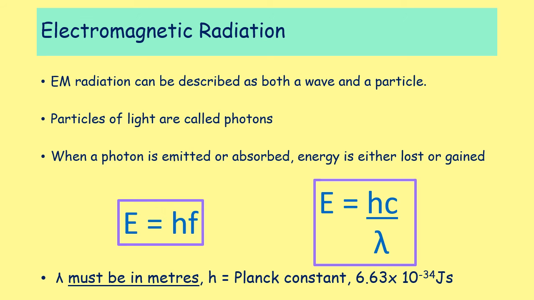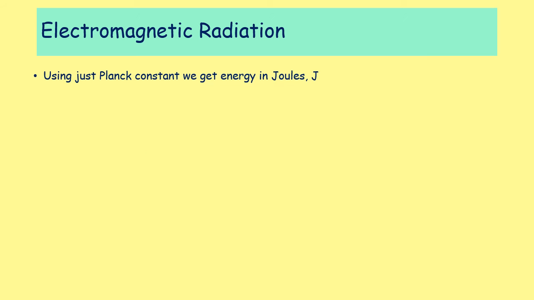You need it to be in meters, and Planck's constant h has a value of 6.63 times 10 to the minus 34 joule seconds, not joules per second, joule seconds. And so you can tell it's a very, very, very small number.